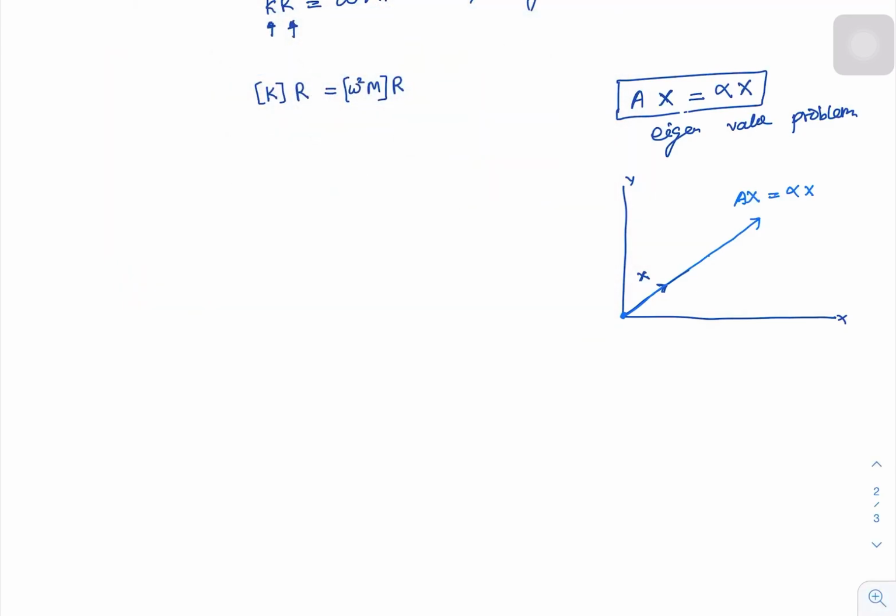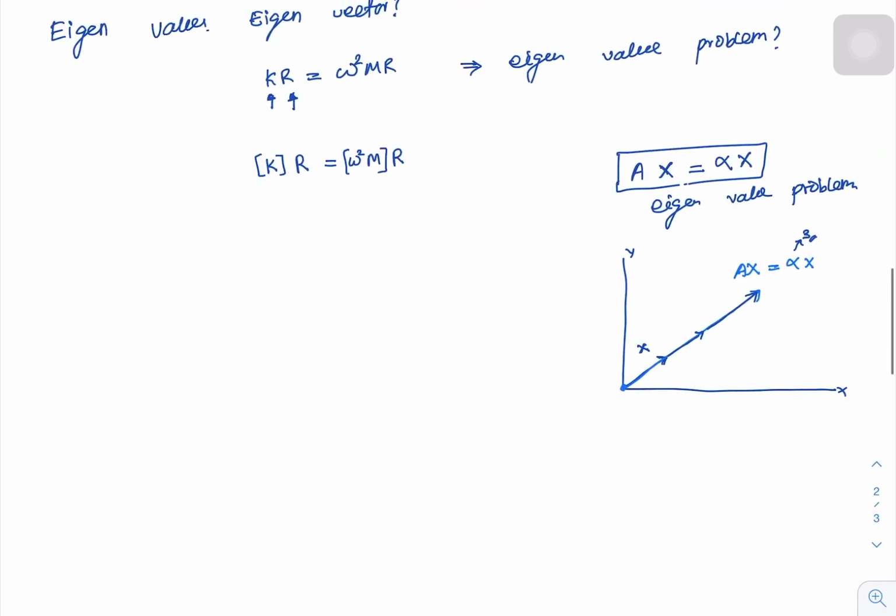You can say this is 1 and this is 2, so 3 x, alpha is 3. This kind of problem is an eigenvalue problem. Here k r equal to omega square m r is similar to an eigenvalue problem, so we can solve it this way. Now we have to see what the problem is in an eigenvalue problem.